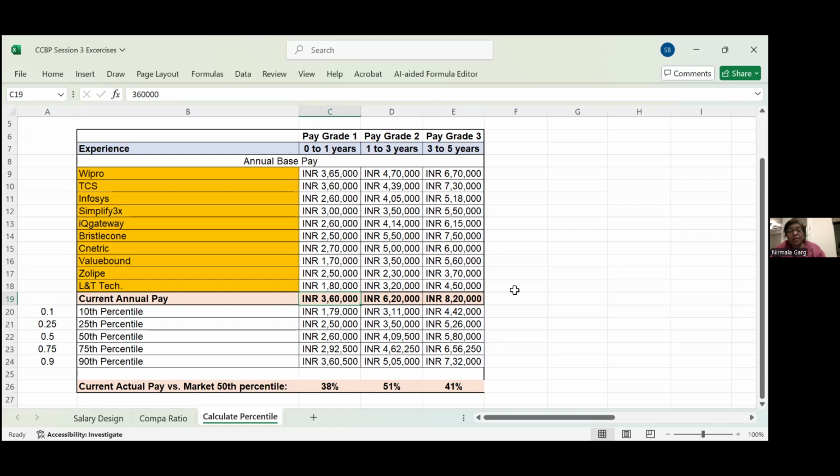I'm paying much higher than the 50th percentile, that is the median of the market data. Are you with me, Neha? Yes. In fact, if you look at the 90th percentile, I'm paying 38% more than the market median. Likewise, if you notice here also, much, much higher. And here also, it is much higher. Okay? Clear?